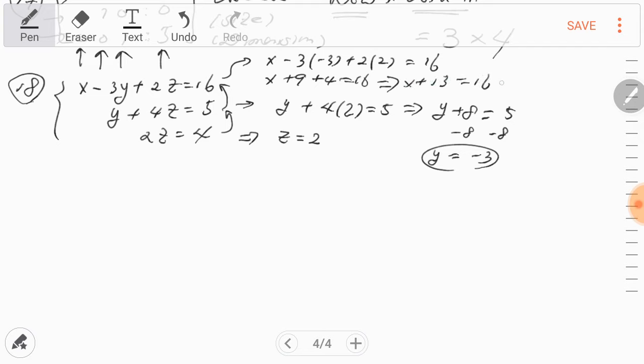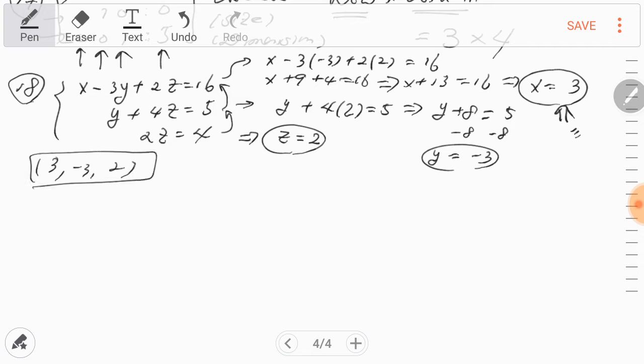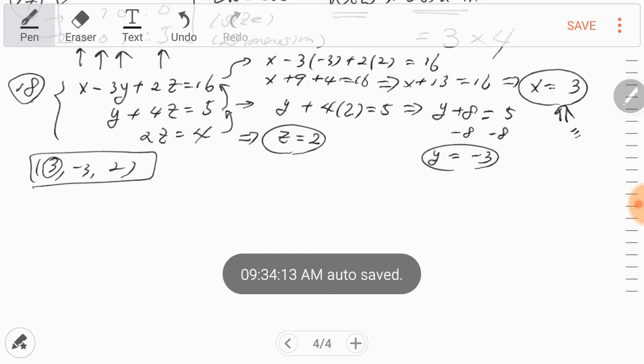And minus 13 each side, then x equals 3. So we have the x value, y value, and z value. So this is the answer, right? If you write the ordered triple, it will be 3, negative 3, and 2. And this is the x value we are looking for.